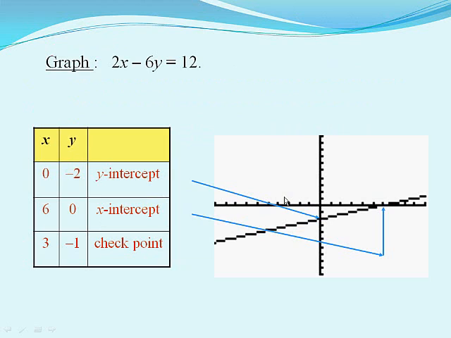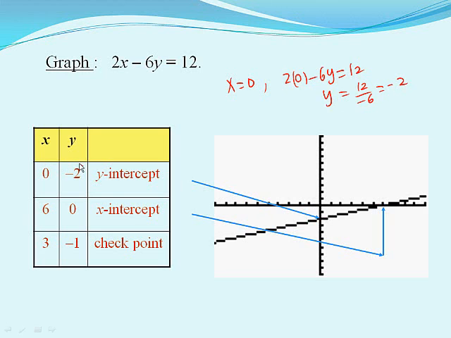Here is an example. 2x minus 6y equal to 12. We need to graph this equation. So I can take x equal to 0. Y value is calculated as 2 times 0 minus 6y equal to 12. So y value will be equal to 12 divided by -6, which is equal to -2.